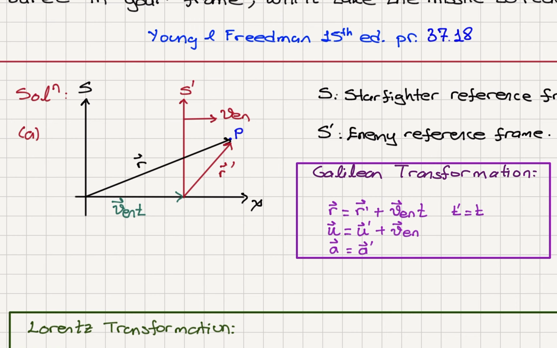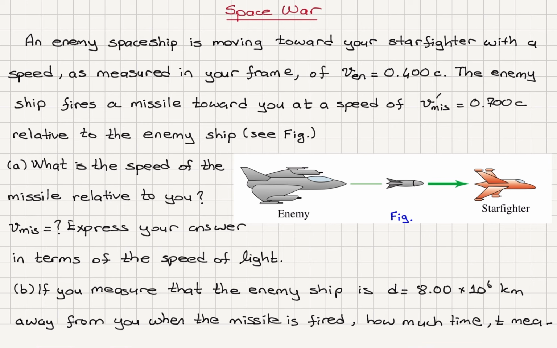So going with the Galilean transformation, if the missile is the moving object we're looking at, the velocity of the missile reported by the starfighter reference frame would be equal to the velocity of the missile reported by the enemy reference frame plus the relative velocity of the enemy with respect to the starfighter. Now, what was the speed of the missile according to the enemy reference frame?